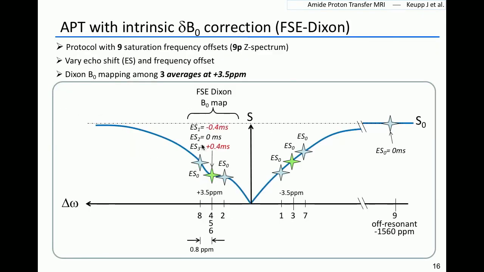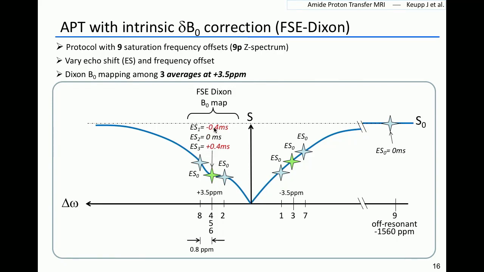So for their APT experiments on patients, we like to try and keep the time down. So in this study, we actually do just a 9-point collection. So these are 4 points here. This center point, where the actual contrast is maximal, is acquired 3 times with 3 different echo times.